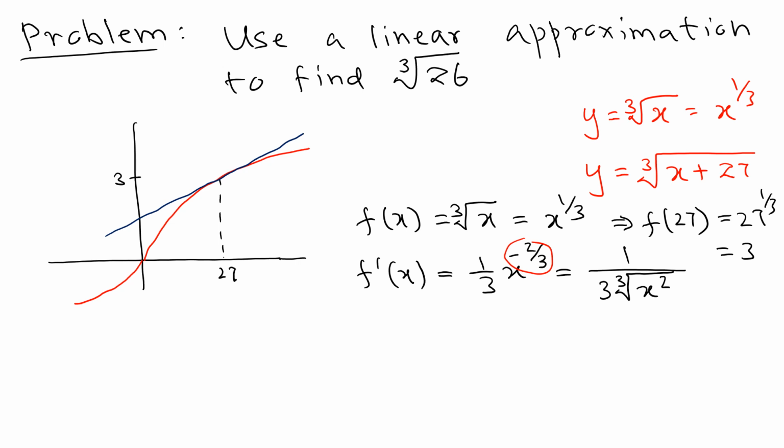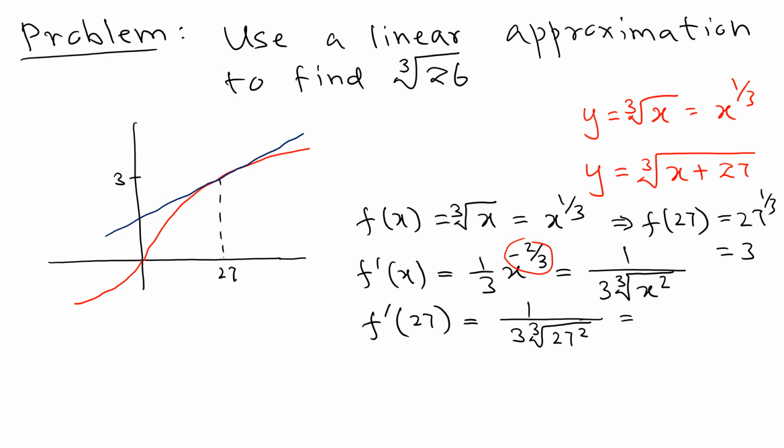Now we're going to simplify this one. We evaluate f prime at 27, because we're trying to find the tangent line near 27. So it is 1 over 3 times the cube root of 27 squared. How are you going to simplify something like this?